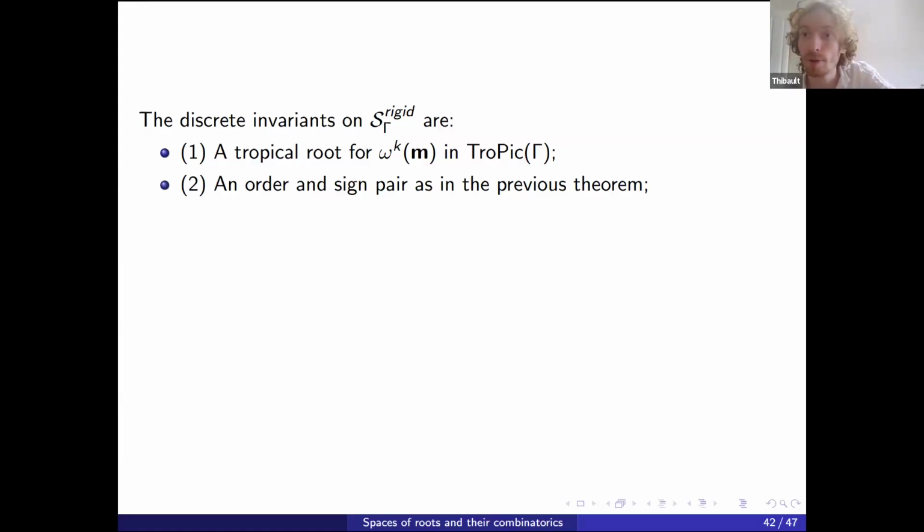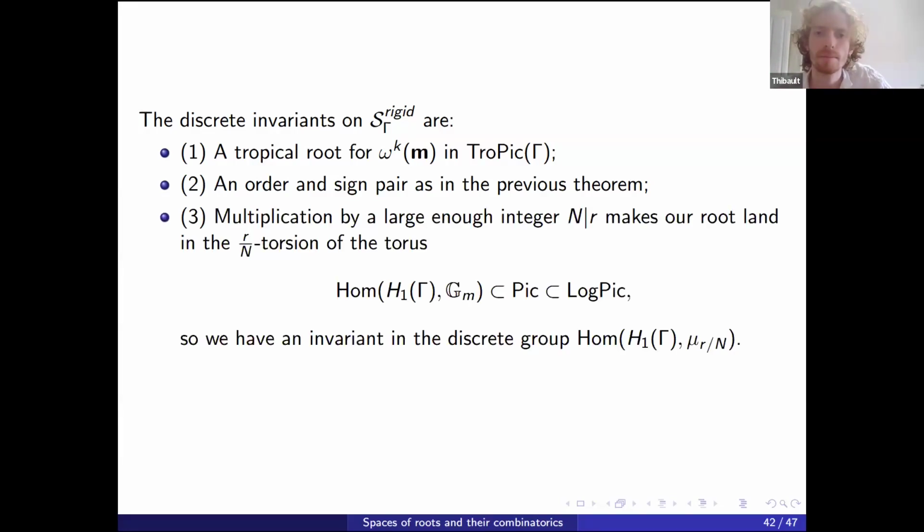The first theorem gives you another discrete invariant. My root has an order and sign pair, and this order and sign pair is just a bunch of numbers, so it cannot deform. And the third one is a bit more involved, but it's sort of the same principle as what we did with orders.